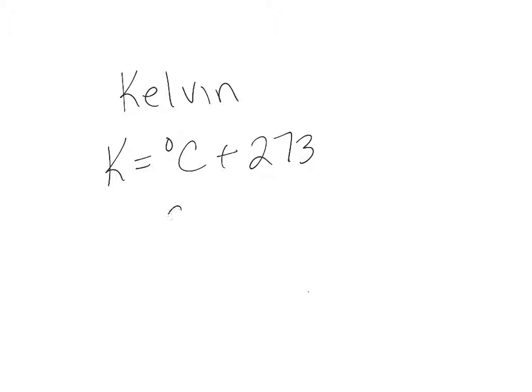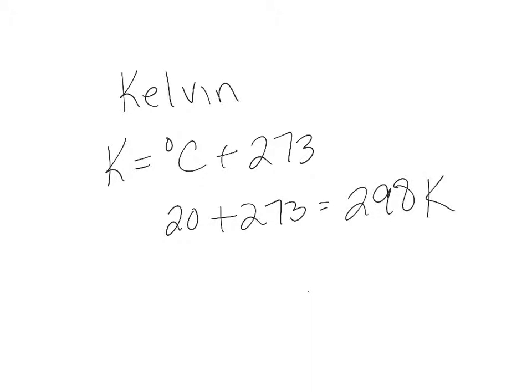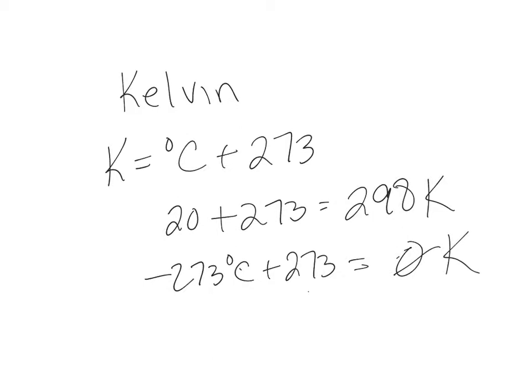So 20 degrees Celsius plus 273 is 298 Kelvin. The coldest possible temperature is absolute zero, negative 273 Celsius, so if we add 273 to that, it's 0 Kelvin. If you work in Kelvin, you'll never have any negative numbers, and everything will work out nicely. So whenever you have a T, make sure you convert it to Kelvin first, and then you can plug it in for T1 and T2.